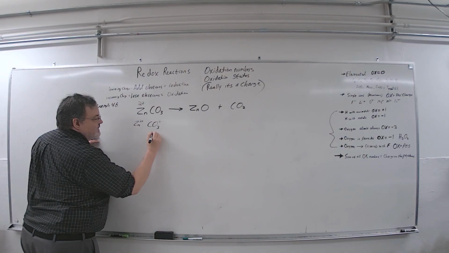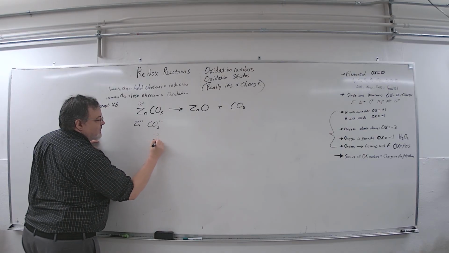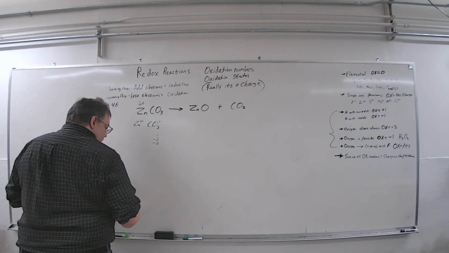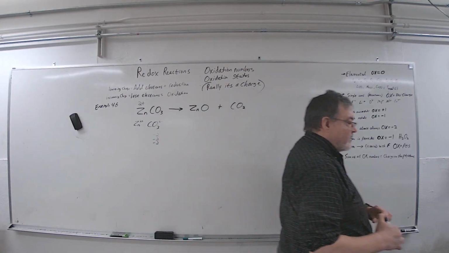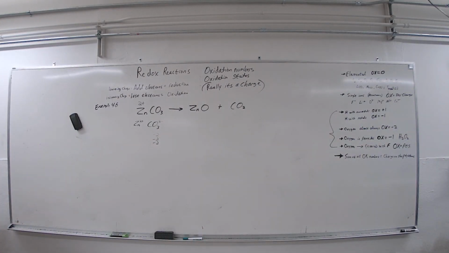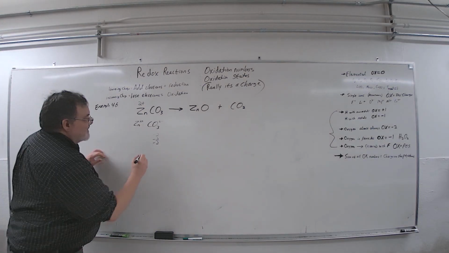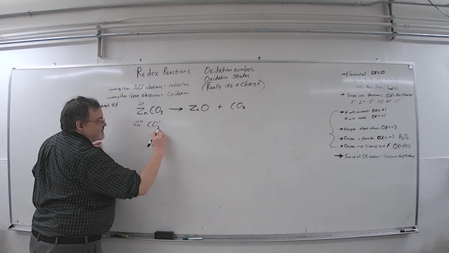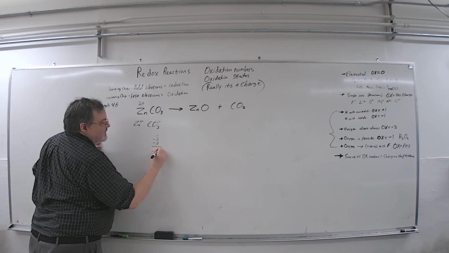Now if we follow this process, -2, -2, -2, I ended up with a bad one again. -2, -2, -2, because there's 3 oxygens, so -6.